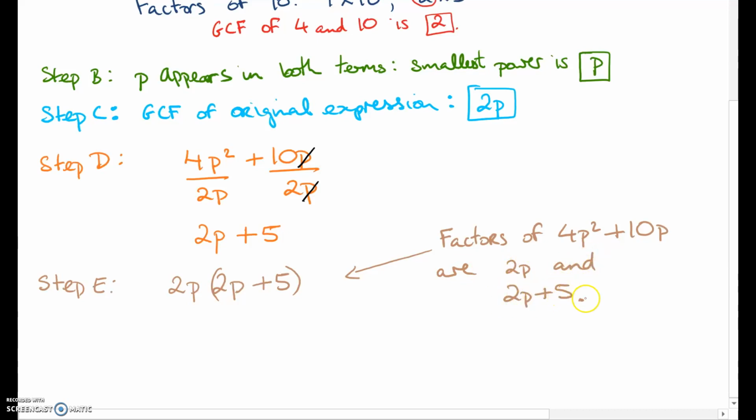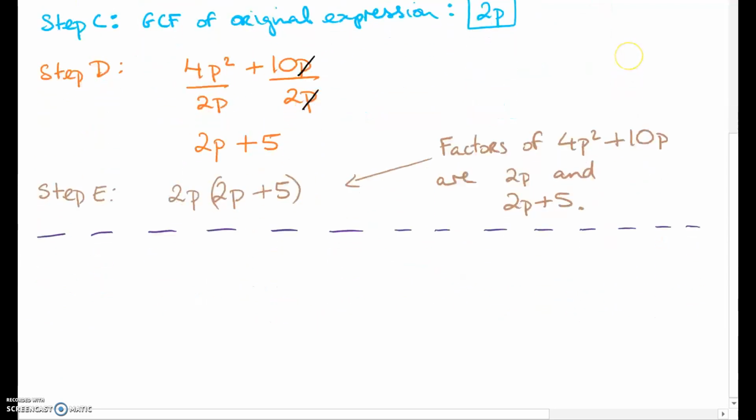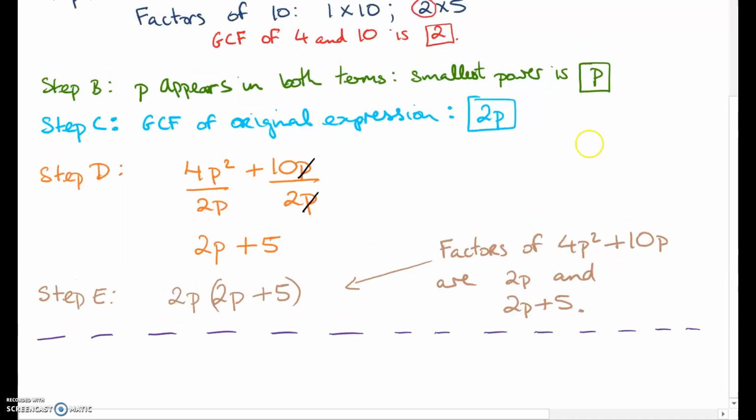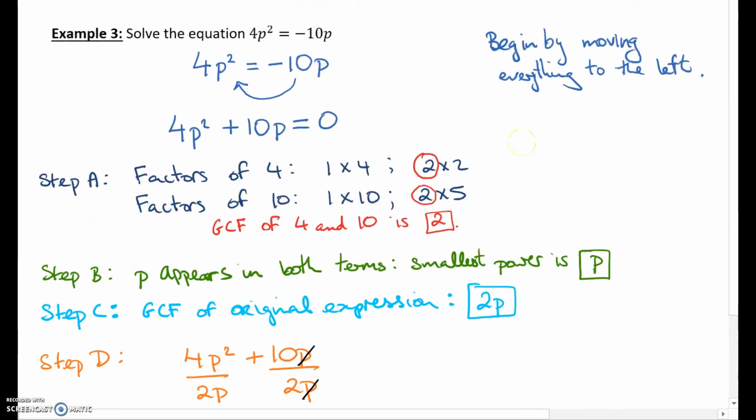Okay, we're now on to the last part of this question, which was to find the solution to the opening equation. Now, even though the equation originally was 4p squared equals minus 10p, we're going to solve it in the form that we changed it into with everything on the left.